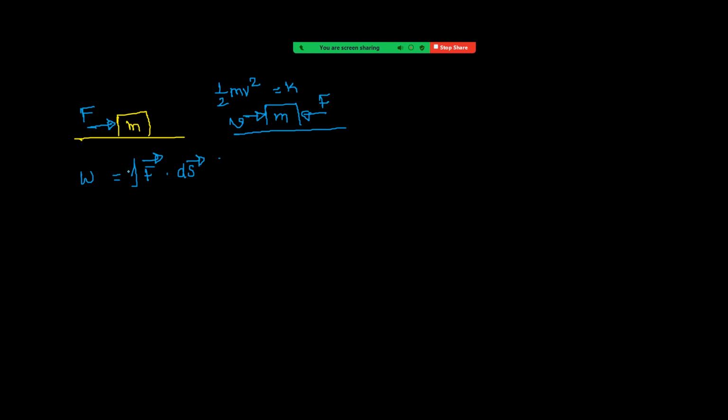That's why this is called a line integral, because integration can also be taken over a surface, which is called a surface integral, or over a volume, which is called a volume integral. Now integration is taken along a line, so this is a line integral.